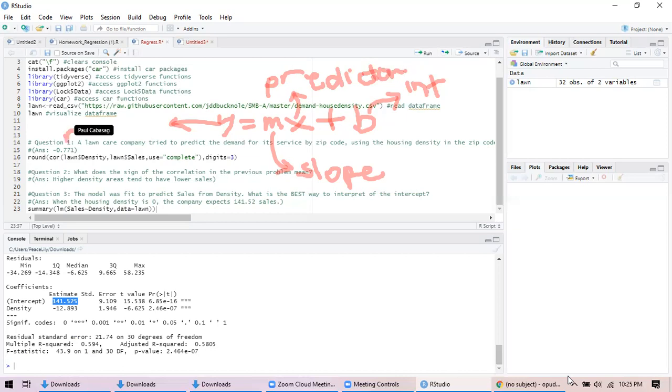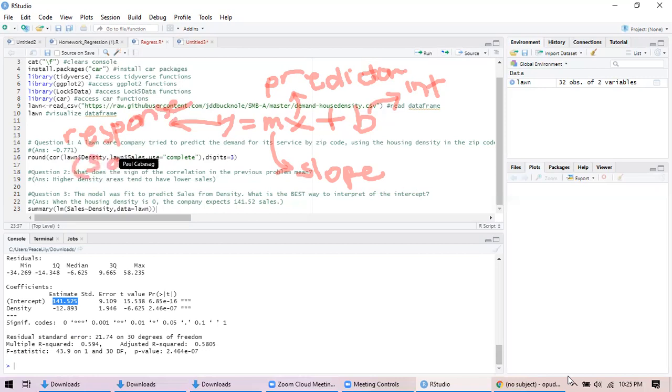And then this one is our, what do you guys call it? Do you call it response? Okay, so this is the response. So for us, what is our response? The response is the Y, the sales one.